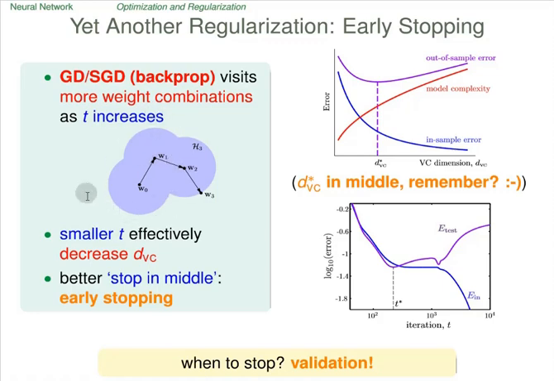So with more iterations, more of your hypothesis set is explored. This means that by using fewer iterations, we explore a smaller hypothesis set, and we should get better generalization. As t increases, the in-sample error tends to decrease, and the VC dimension of our neural network model will increase.